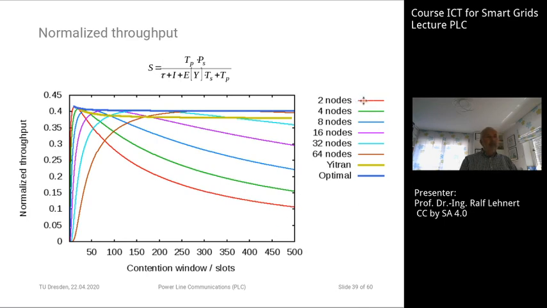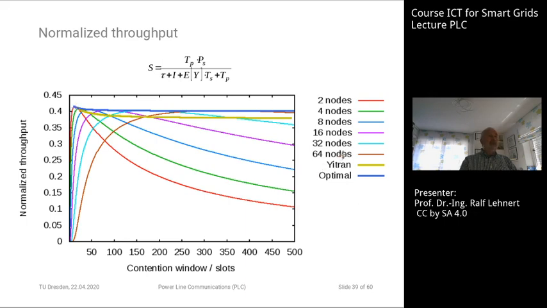For a small number of nodes, unfortunately, the throughput goes down the bigger the contention window is, because there are lots of unused slots. So that works well for small contention window sizes.